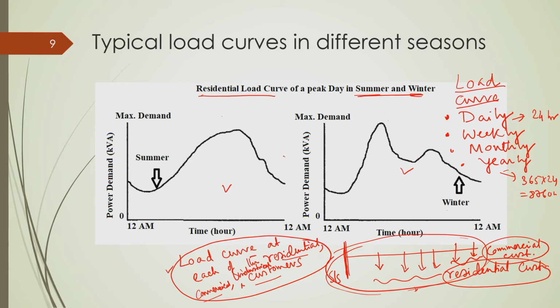That means load not only changes within a day, but also has a seasonal variation. When there is a hot summer, the load characteristics would be something different. When there is a chilly winter, the load characteristics will be something different.